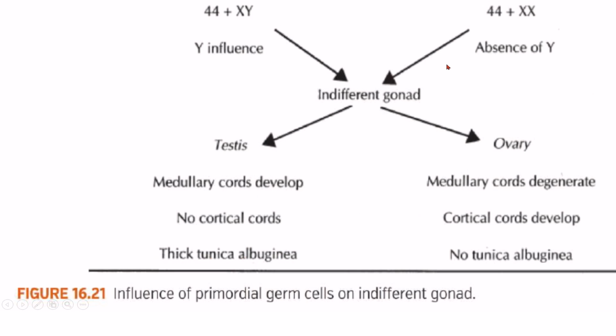And then if you observe here, in the absence of Y chromosome, there will be two X chromosomes which will promote the action of WNT4. They stimulate the cortical cords to develop, and they promote the degeneration of the medullary sex cords, and there will be no formation of tunica albuginea. So the ovary develops from the cortical sex cords.